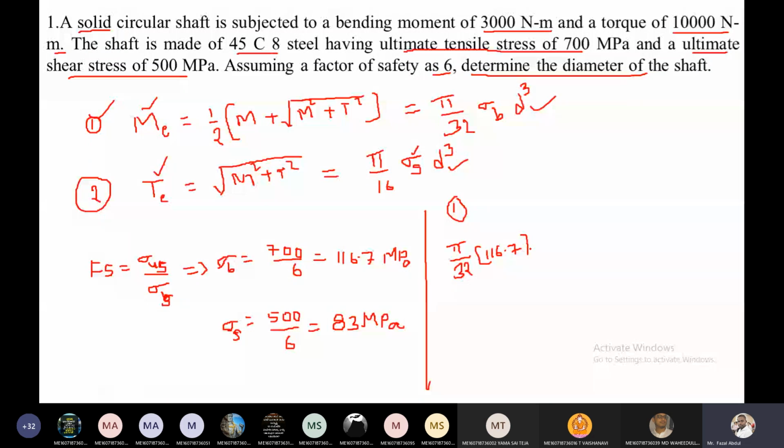How much is M given in the question? 3000 Newton meter. So substitute as it is, 3000 plus square root of 3000 square plus 10,000 square.